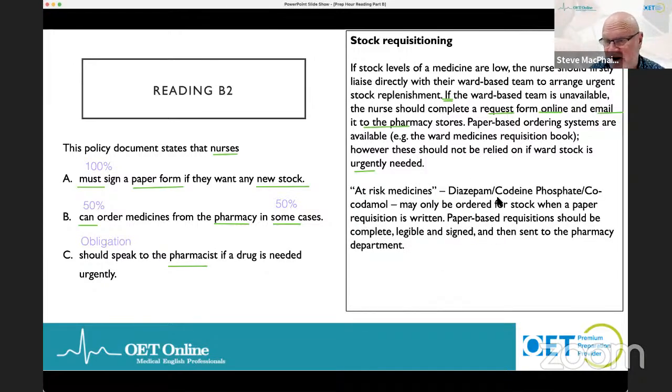At-risk medicines, diazepam, codeine phosphate, co-codamol, may only be ordered for stock when a paper requisition is written. Okay, so some medications for stock, not urgent use, for stock, when it's done on paper. Paper-based requisition should be complete, legible, and signed, and then sent to the pharmacy department. Okay, that's at-risk medicines.